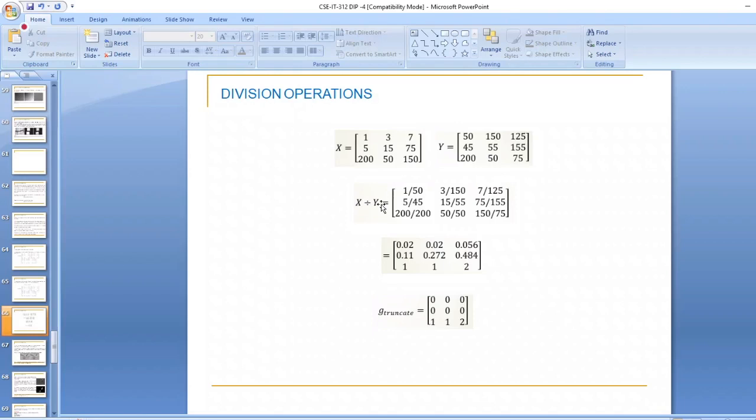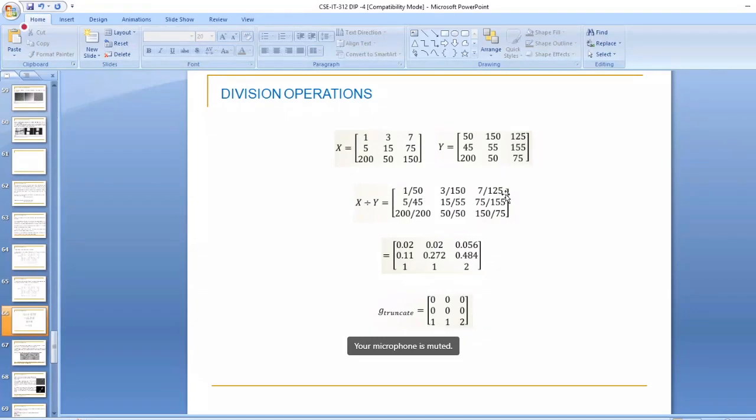So the procedure is that you have to divide the element of X by the corresponding element of Y. So right here it is 1 divided by 50 in the first position. Similarly, 3 divided by 150 in the second position, 7 divided by 125 in the third position, in the first row only.